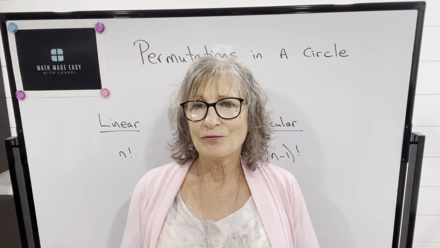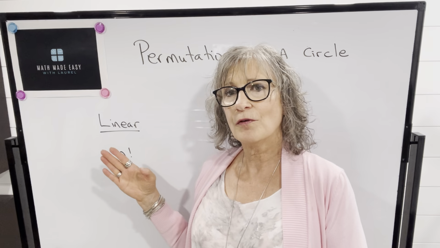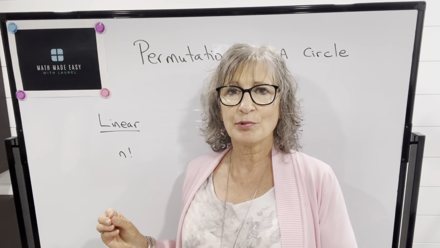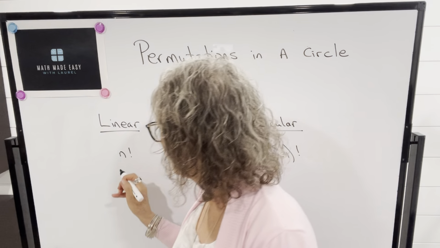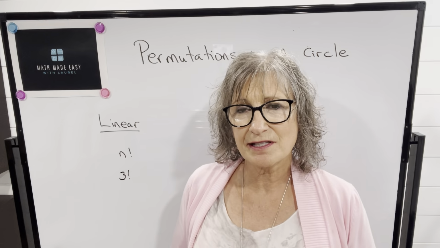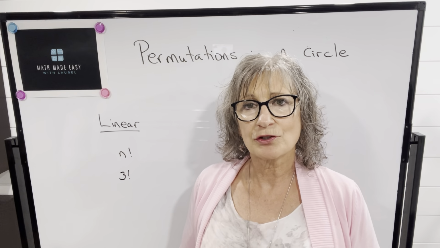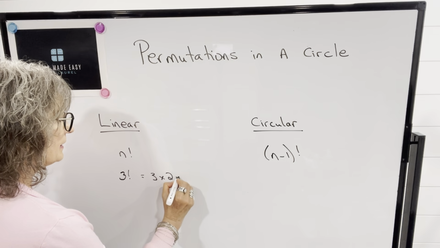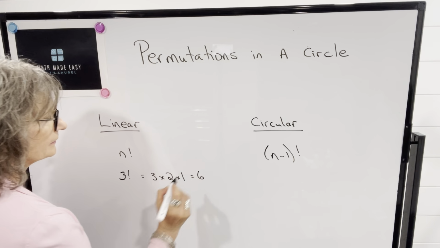But to summarize it, we found that if there's n objects, the number of arrangements will be n factorial. So for example, if we had 3 objects, the number of arrangements of those 3 distinct objects would be 3 factorial, and that's equal to 3 times 2 times 1, which is 6.